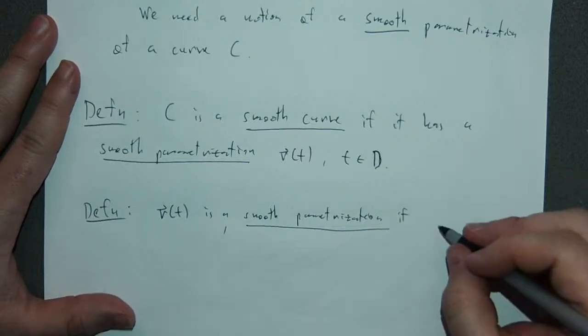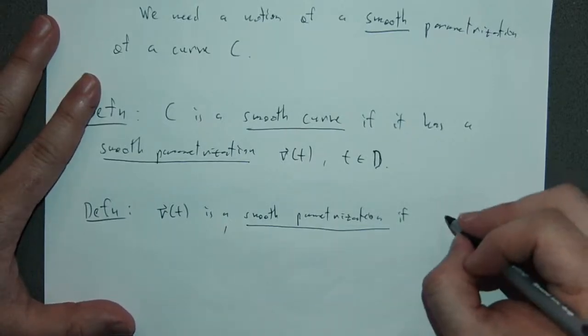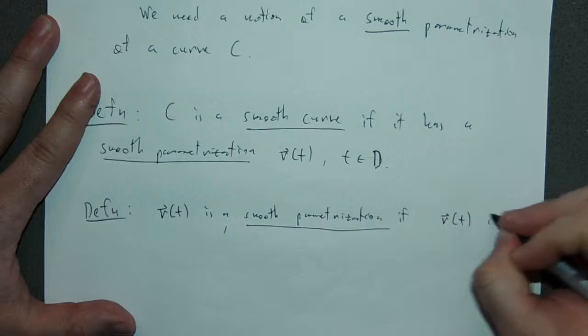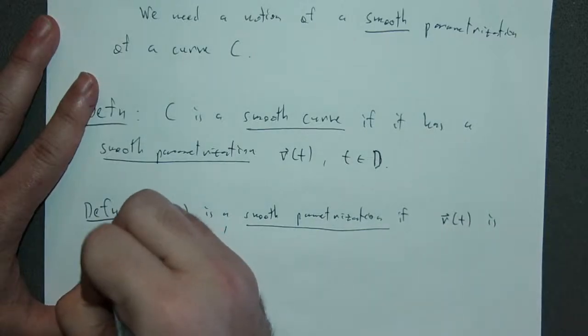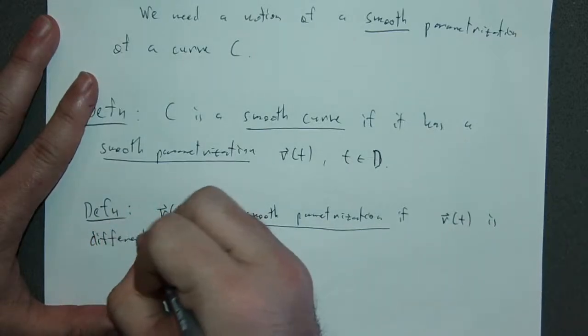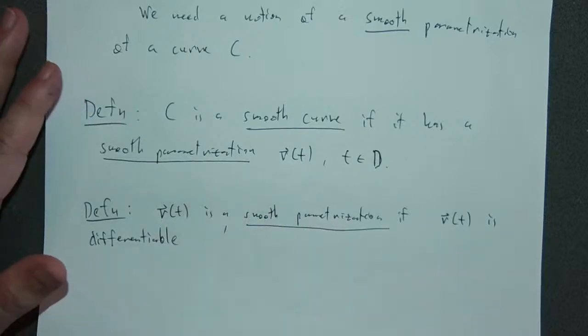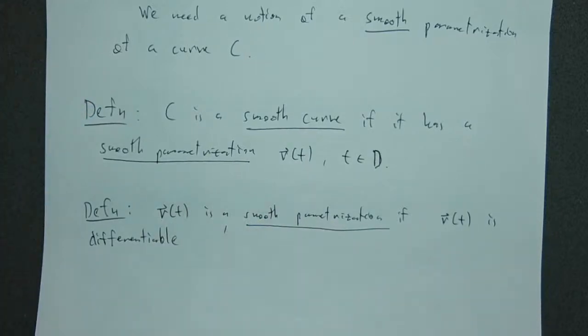r of t is differentiable, that is, as a vector valued function. So it has 3 component functions, and those are all differentiable.